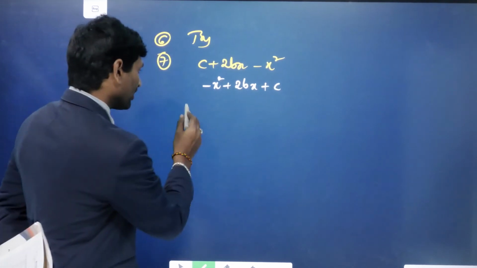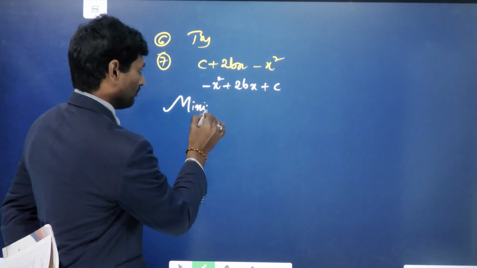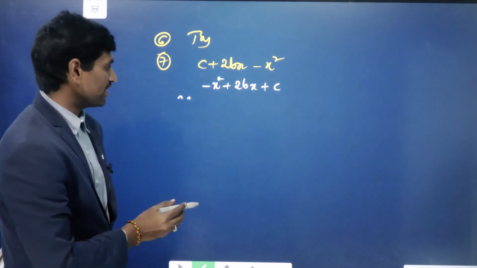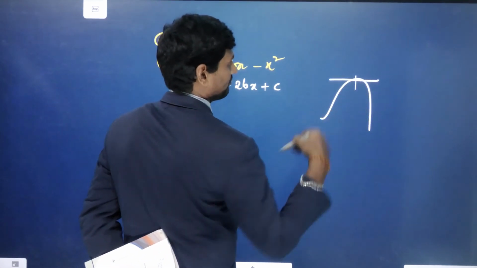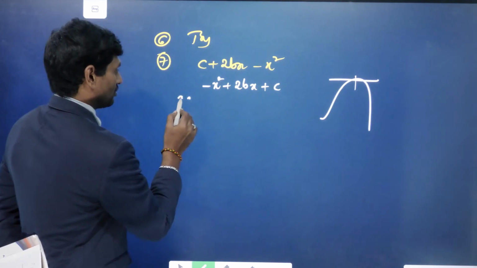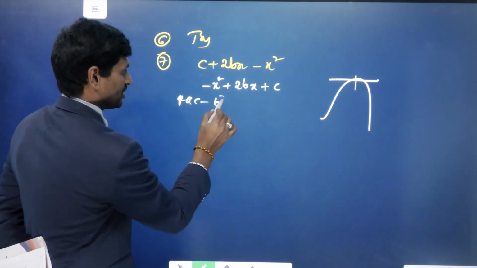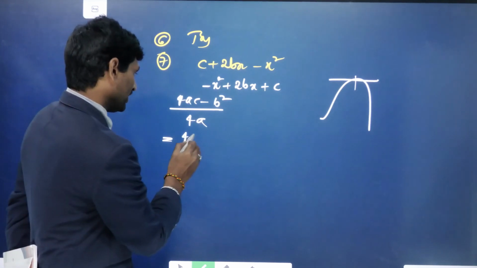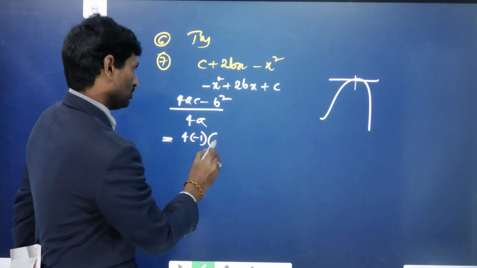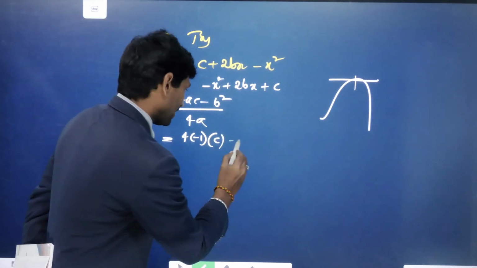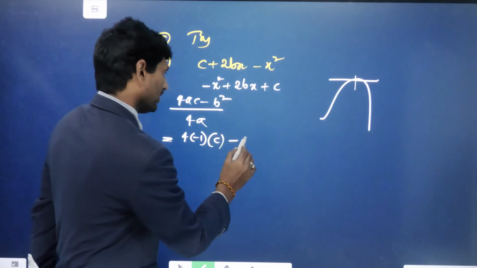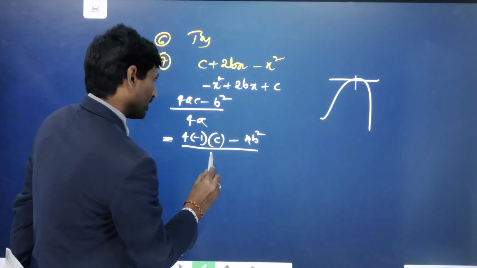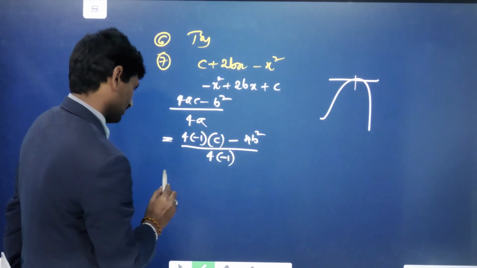What is the formula for maximum? Here only a maximum will come because the x square coefficient is negative, so the parabola opens downwards. The formula is 4ac minus b square by 4a. Substitute the values: a is minus 1, c is c itself, b is 2b, and 2b whole square means 4b square, divided by 4 into a, which is minus 1.